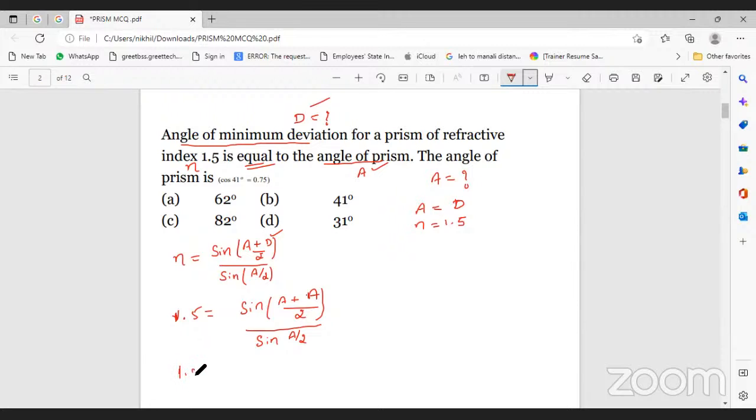The n value is given as 1.5. Shall I write capital D as A only? Yes, because deviation is equal to the angle of prism. So 1.5 is equal to sine of (A plus A) by 2, that is 2A by 2, which will be sine A, divided by sine A by 2. Correct, no? Yes.